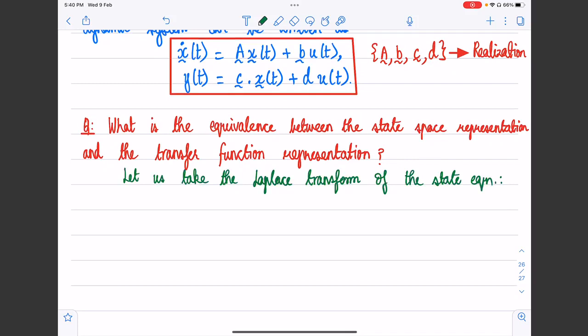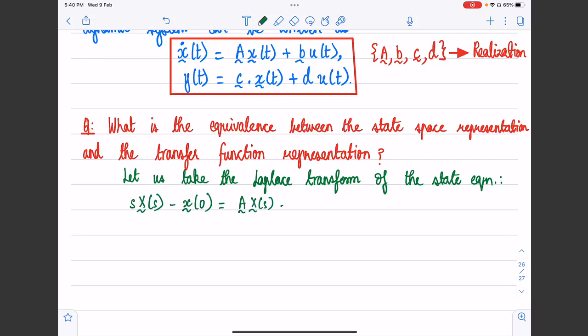Okay, let's take the Laplace transform of the state equation. Of course, I can apply the Laplace transform even to vector linear ODEs. So this will become s times capital X of s, which will now be a vector, minus x of 0, which is once again the initial state vector, which will be equal to A times capital X of s. Of course, here capital X is not a matrix.